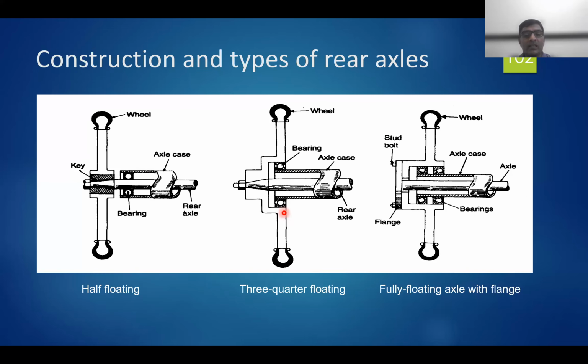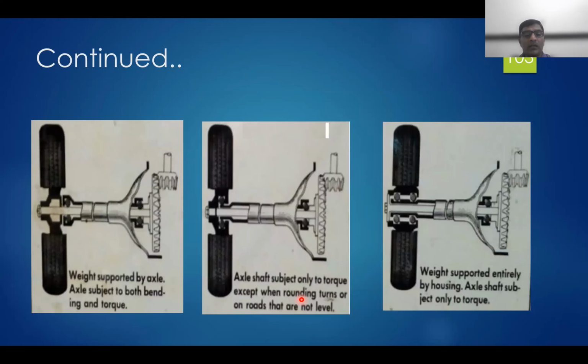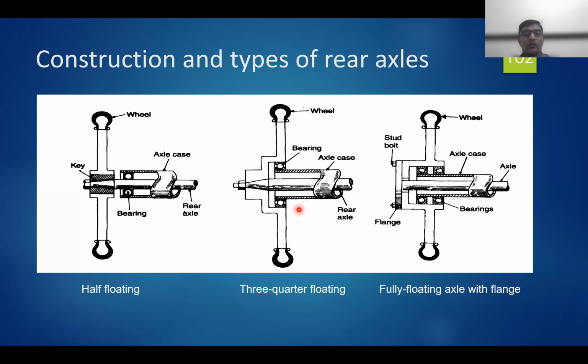Now the second case, that is 3/4 floating. Here you can see the axle shaft is subject only to torque, except when rounding turns or on roads that are not level. So partially it is going to take care of the thrust whenever the vehicle is not moving on a leveled road or there are irregularities in the road.